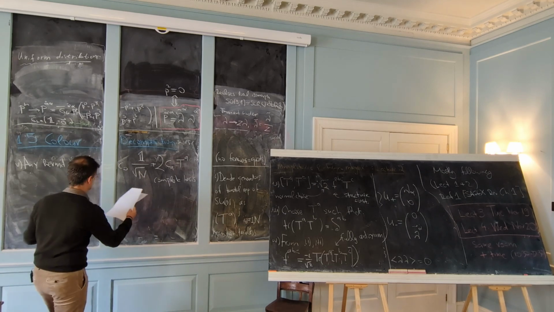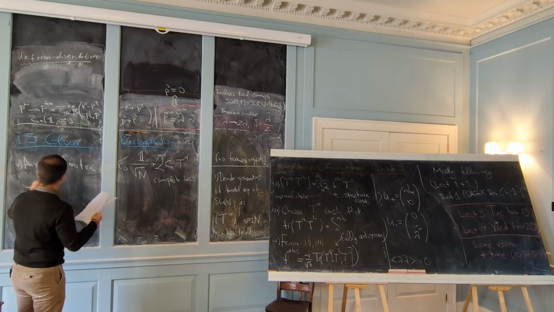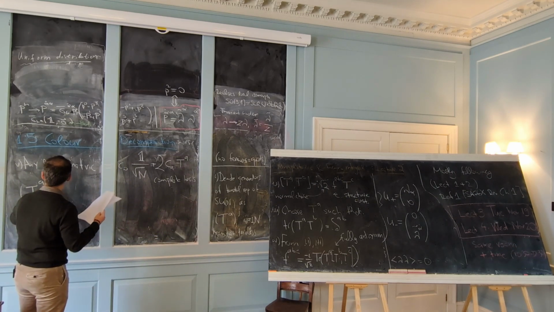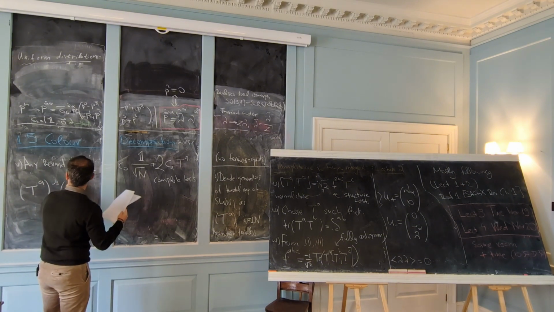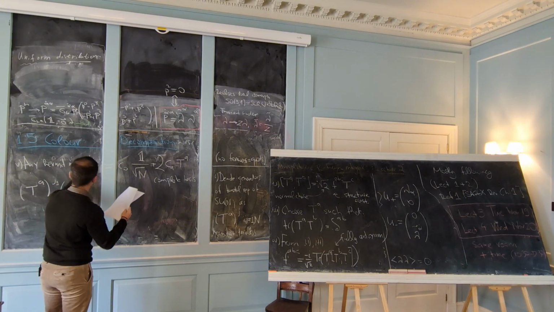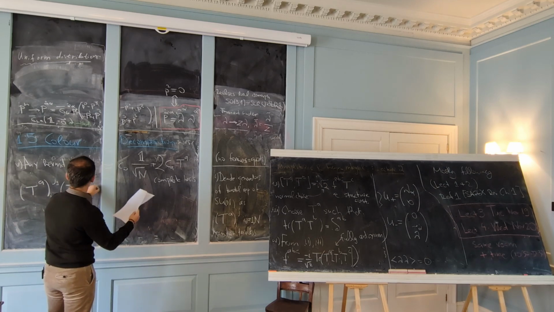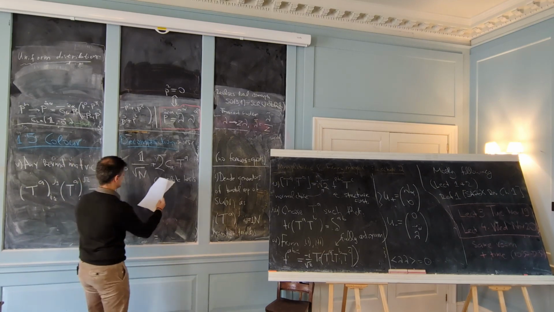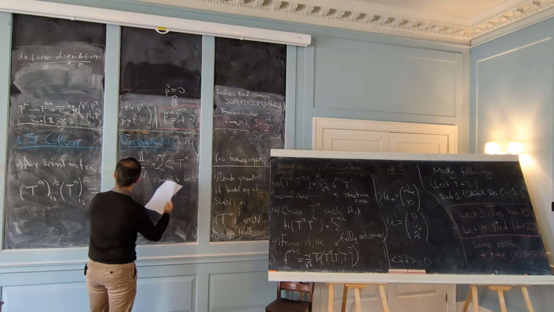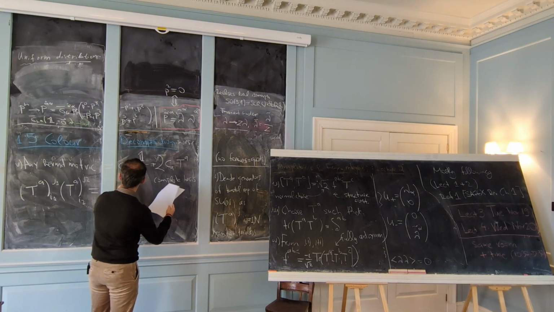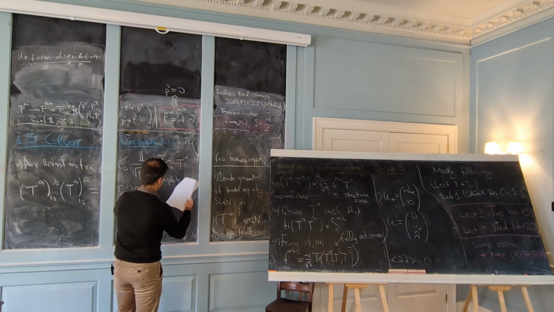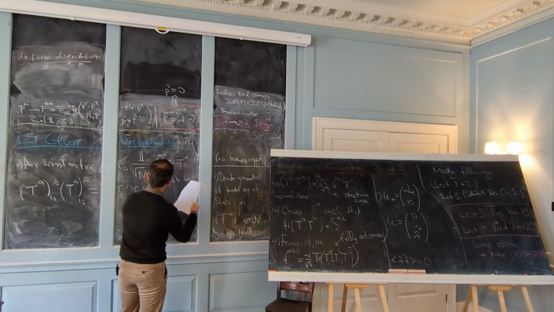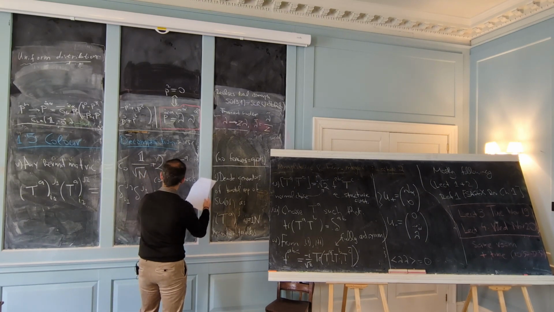And from this, you can also deduce that T^A_{i1 j1} T^A_{i2 j2} equals delta_{i1 j2} delta_{i2 j1} minus 1/N delta_{i1 j1} delta_{i2 j2}.